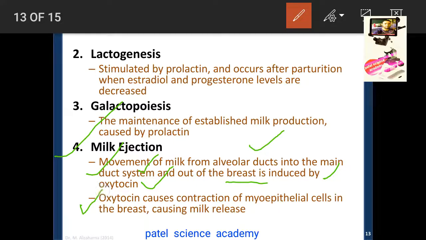So what is the role of the oxytocin? It causes the contraction of the myoepithelial cells in the breast, causing the milk ejection, that is the release of the milk outside the breast for the nourishment of the fetus which has now taken birth outside the body.